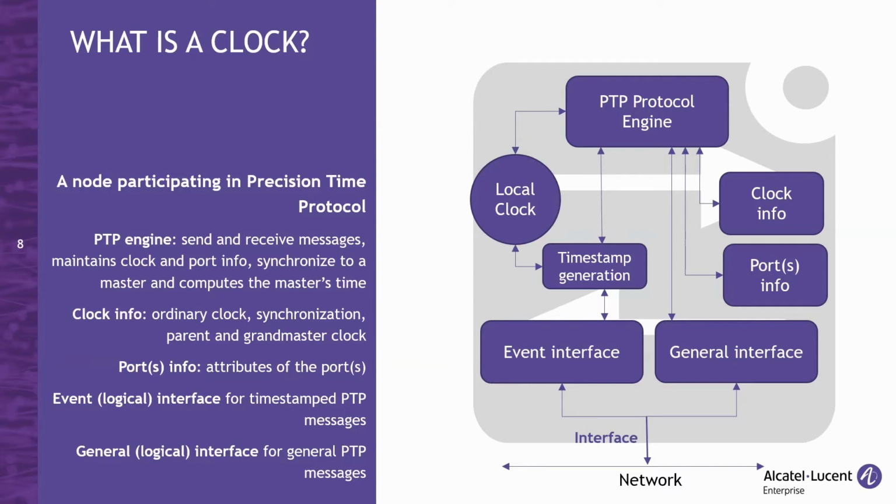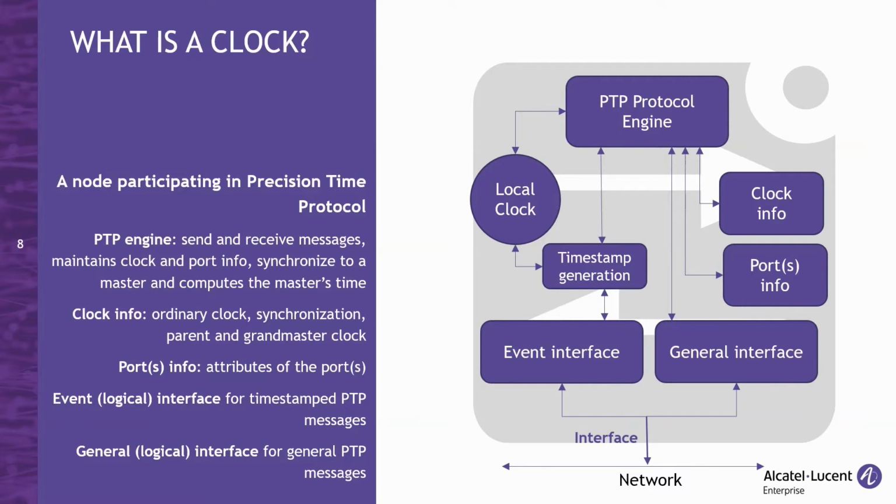The protocol engine also holds all info about the local clock, whether it is a master or slave clock, and info about the grandmaster clock to which it's synchronized. It also contains information about local clock priorities and accuracy. It contains all information about a single or multiple PTP ports. As you can see, for every physical interface there are two PTP logical interfaces.